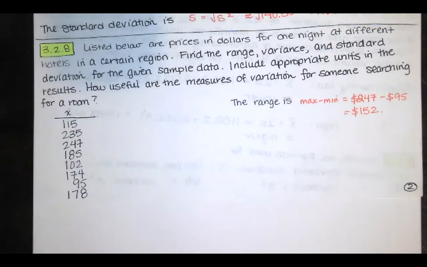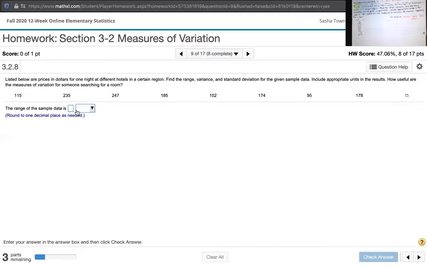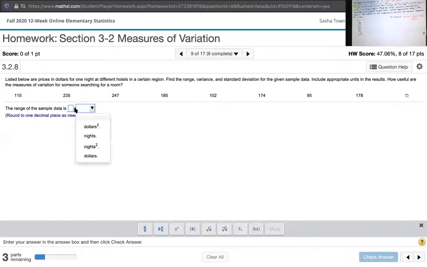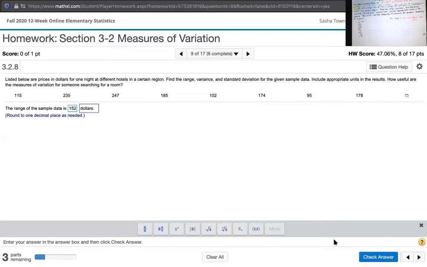Let's see if MyLab Statistics likes our answer. So it's 152, and the units are dollars. It says round to 1 decimal place is needed. We don't really need this, but just in case, I'm going to write it out to 1 decimal place.